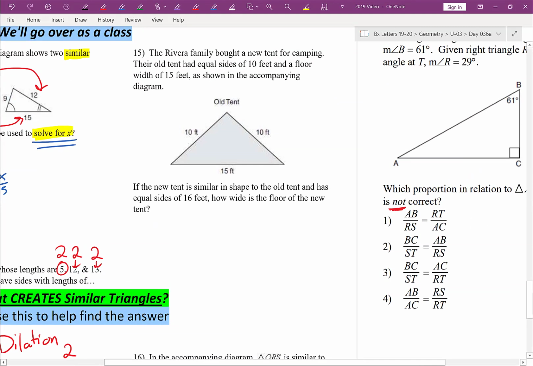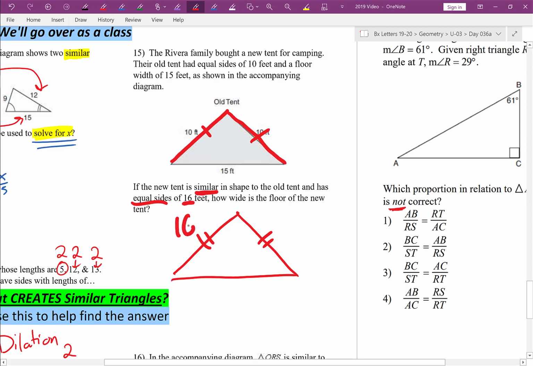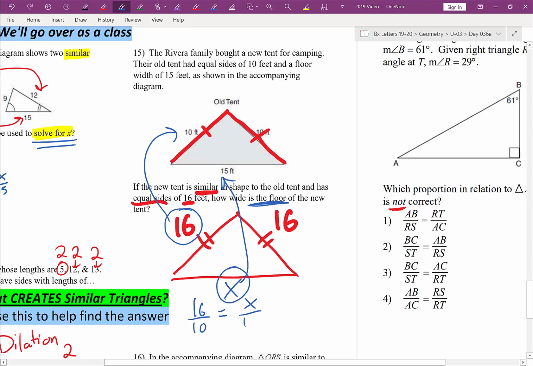All right, 15. It's similar. They have a new tenth, so it means it's the same shape. They say the equal sides, like this 10 and this 10, right? These sides, they're going to be 16. And we want to know what's the base, what's the value of the floor. So we're going to do 16 over the corresponding, 16 over 10, and then that's going to be x over 15.